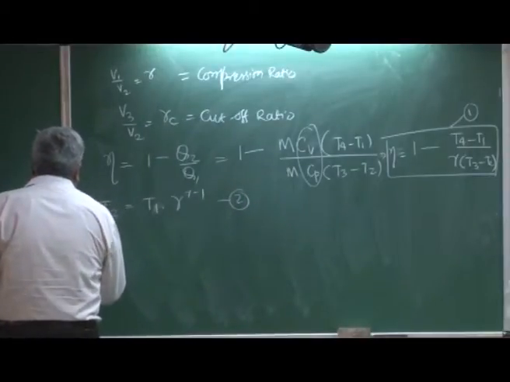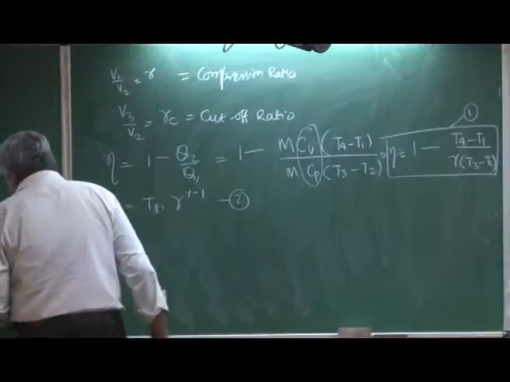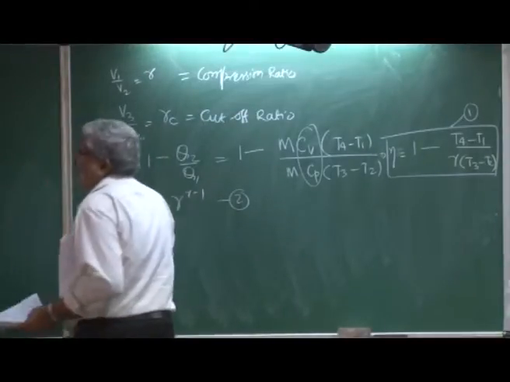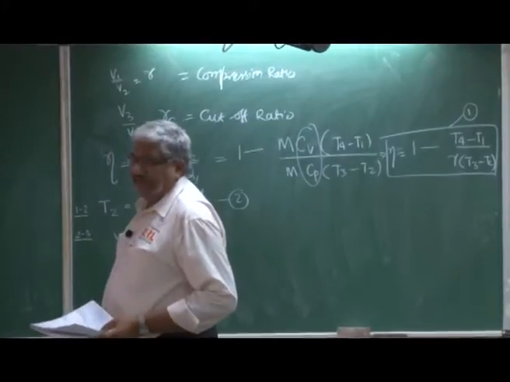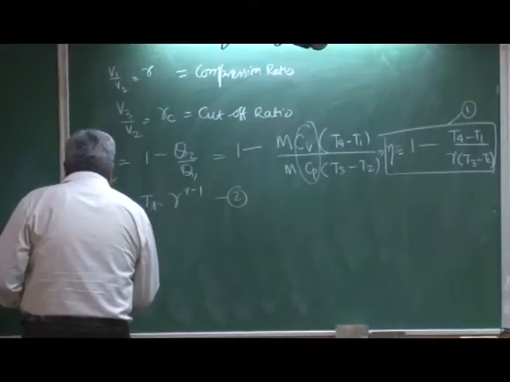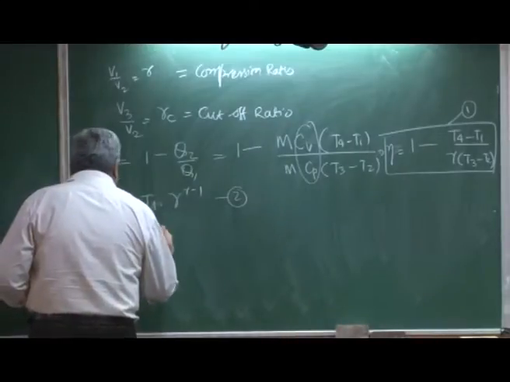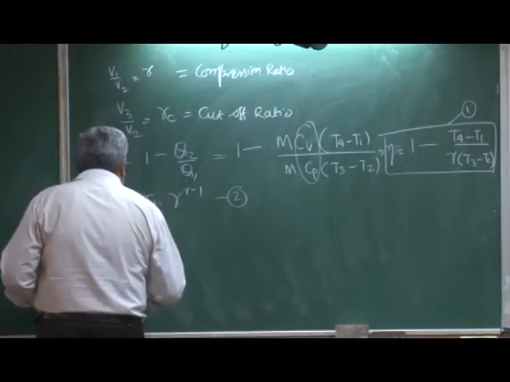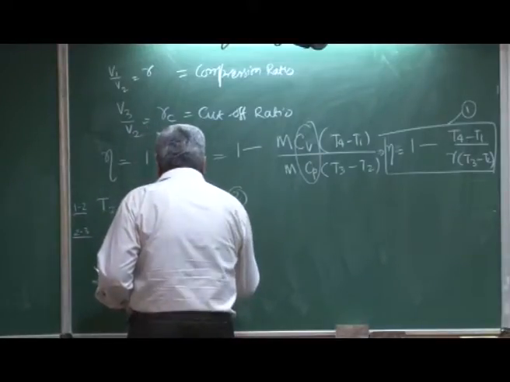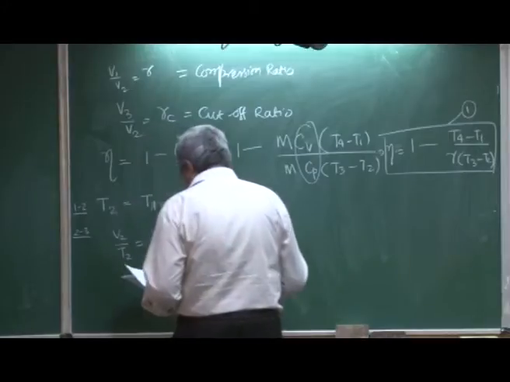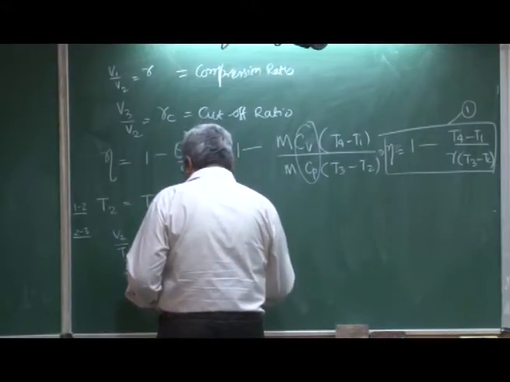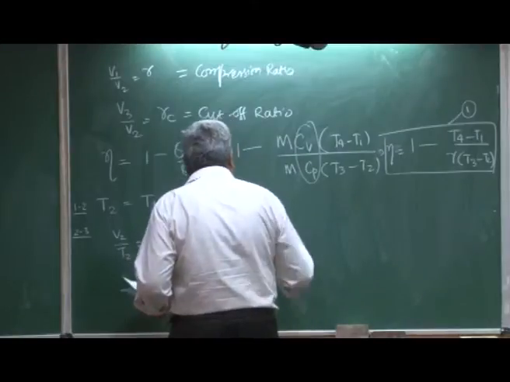Now if I am looking at process 2-3, what is 2-3? Isobaric process, pressure remains constant. So I can write V2 upon T2 is equal to V3 upon T3, and therefore T3 is equal to V3 upon V2 into T2.